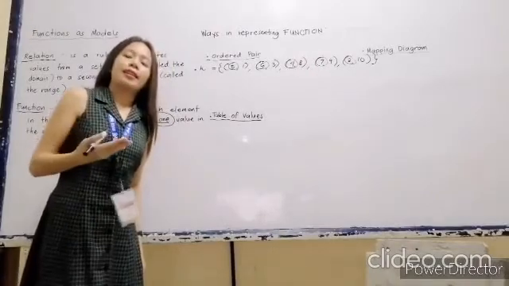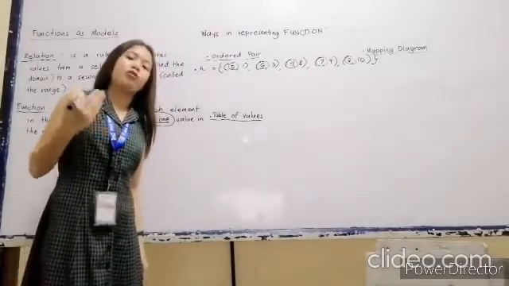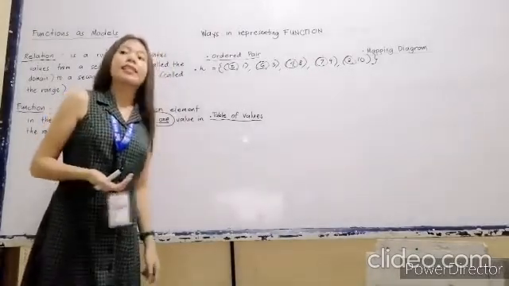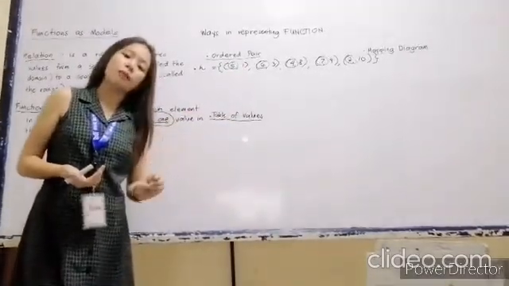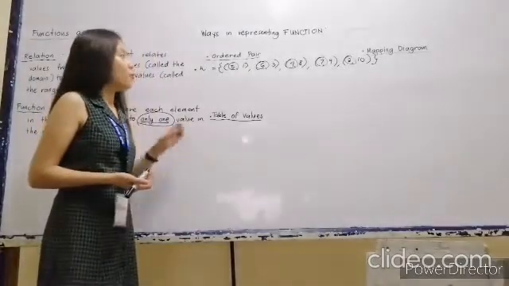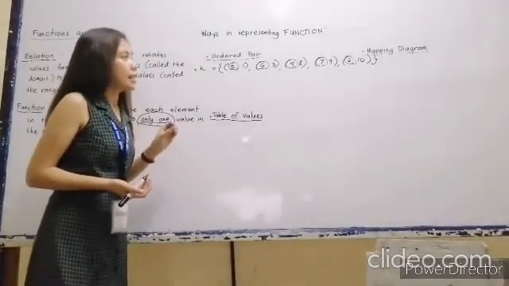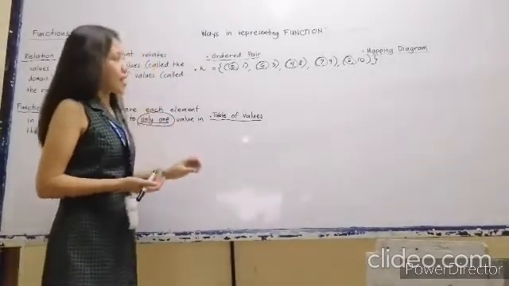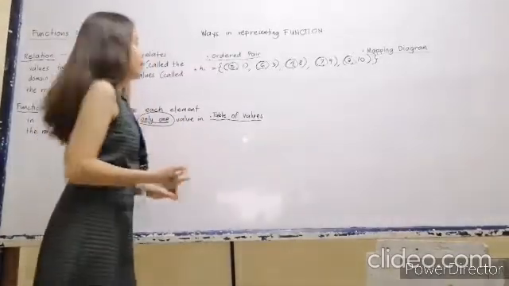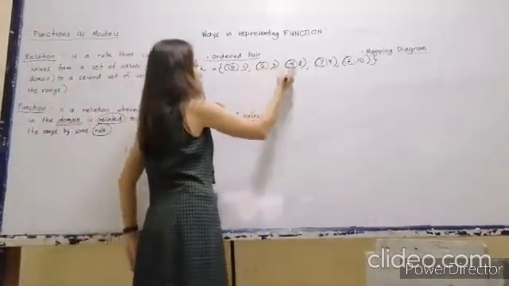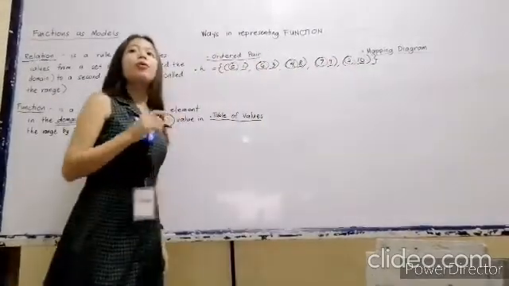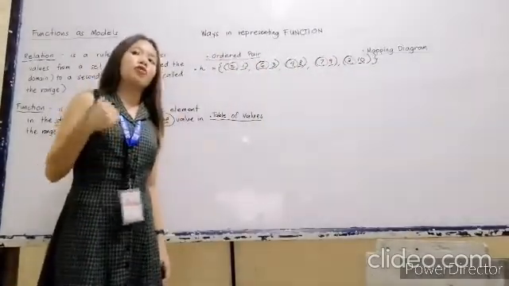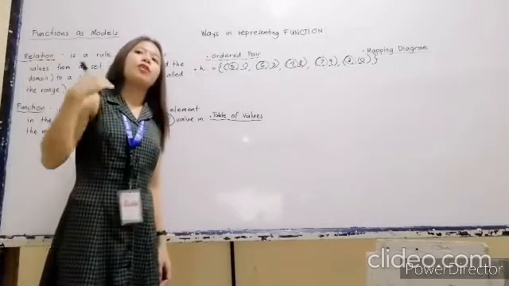That is the set of the domain, which are the values of x. Meanwhile, the set of the range is 1, 3, 8, 9, and 10. They are the output, the values of y, which is our range.